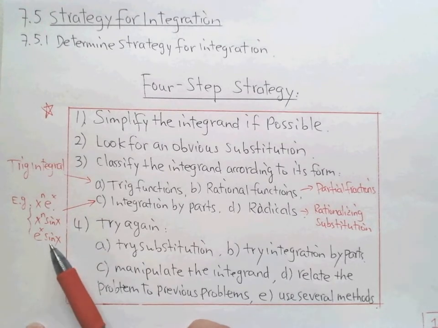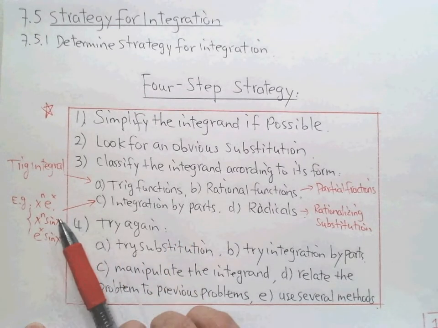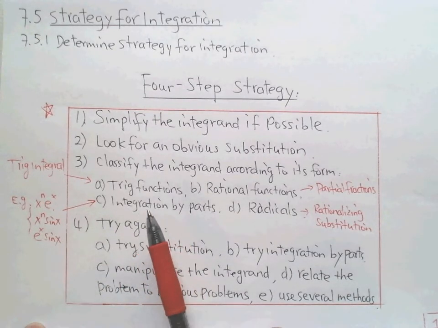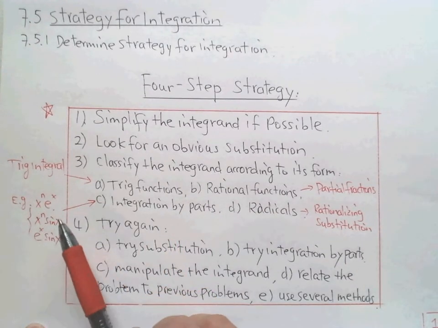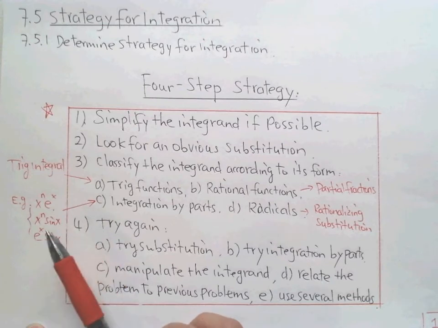These three basic types we did a lot of examples, right? If we see these, we are going to use integration by parts. We set u as the power, or here we have to go back in a loop to solve the equation.